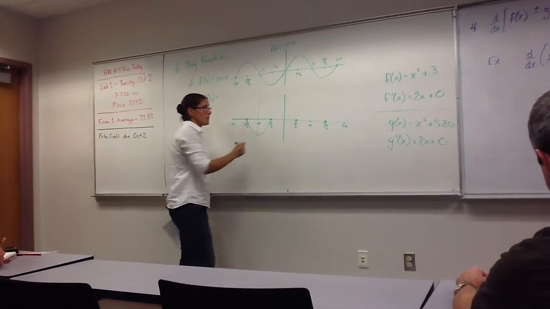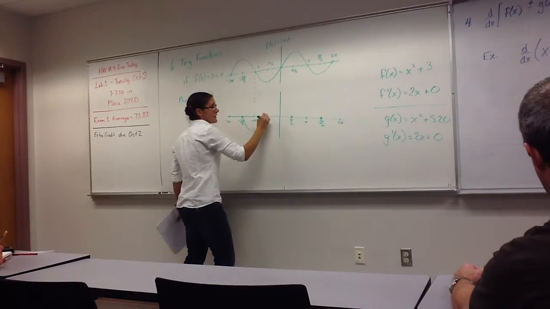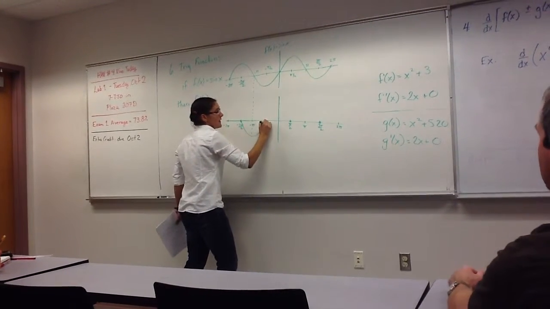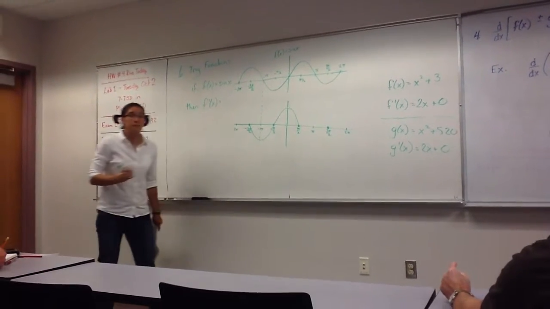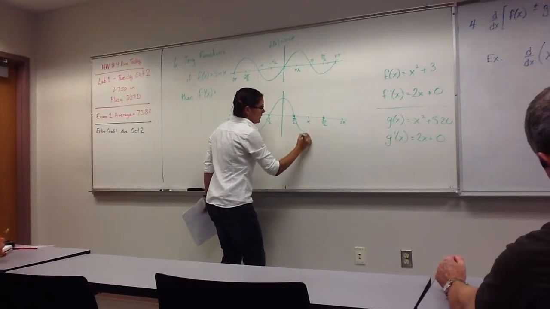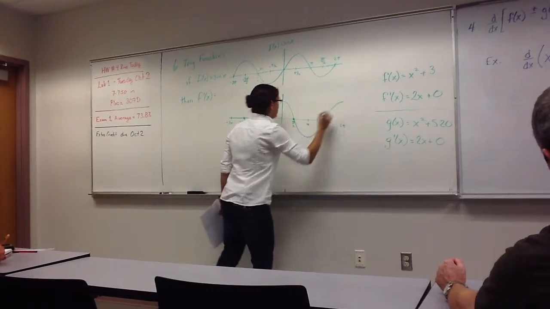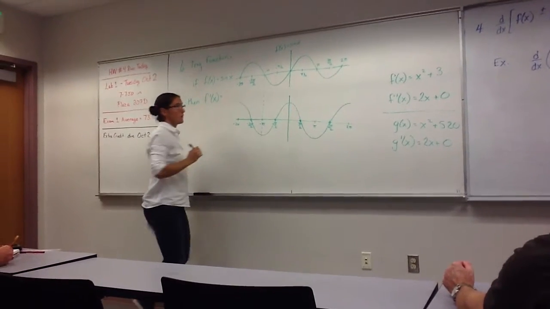From negative pi over 2 to positive pi over 2, the steepest point occurs at x equals 0 on the original function, so that is the highest point on my derivative function. Similarly, I'm going to keep going, and I will also add my final branch over here.